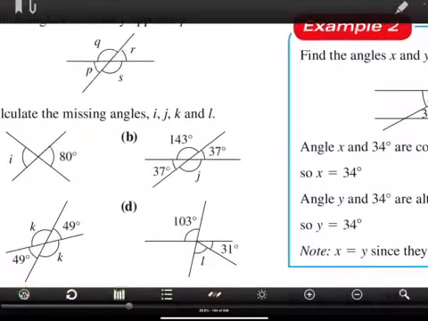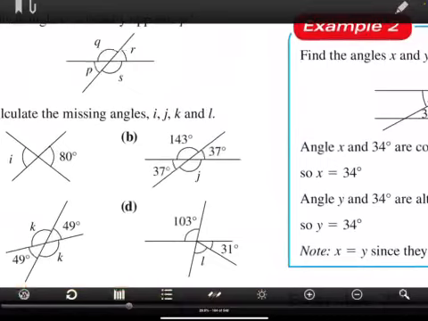B, a couple of ways of doing it. You can see it's a stretched line. That's one. It's a stretched line. So you have 180 degrees, subtract 37, and that is 143.